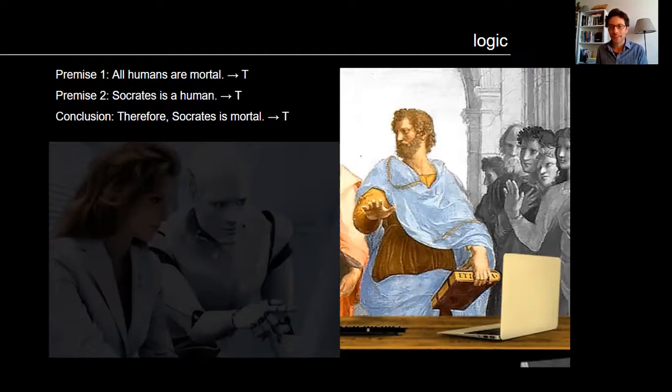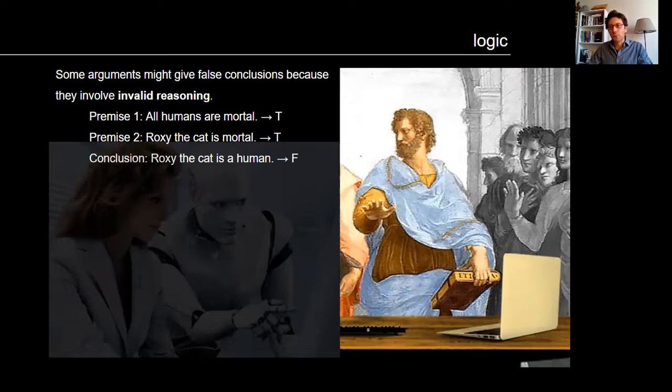The first two premises are true. So in a valid argument, there is no way for the conclusion to be false as long as the first two or more statements or premises are true. That's why this argument is a valid argument.